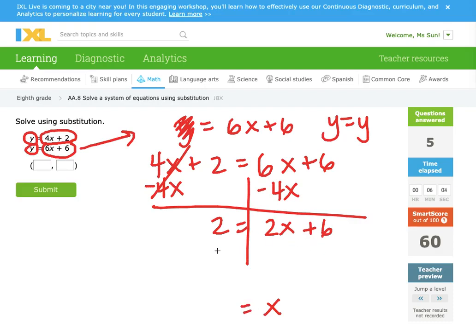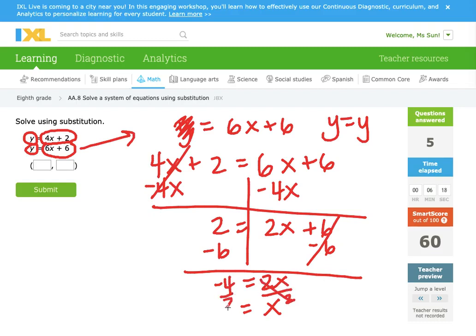I need to move my numbers to the left-hand side. Subtract 6. That cancels. So I end up with 2x equals 2 minus 6 is negative 4. This is going to be divided by 2 to get rid of that. So negative 4 divided by 2 is negative 2. So I end up with x equals negative 2.